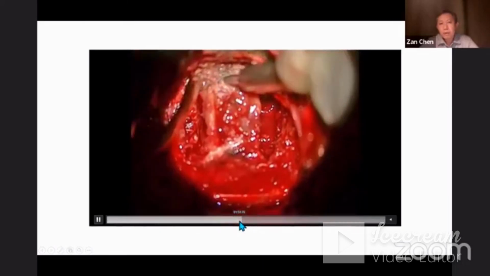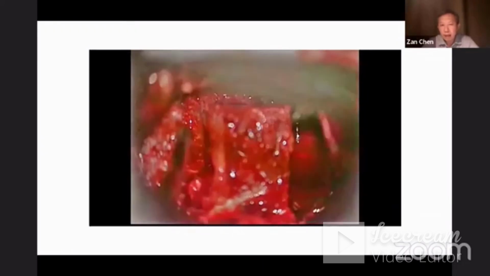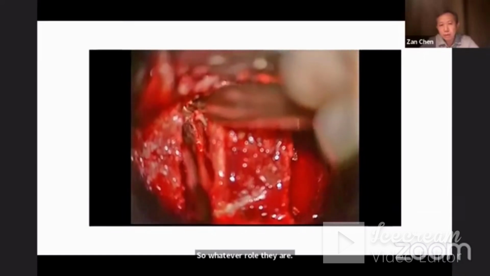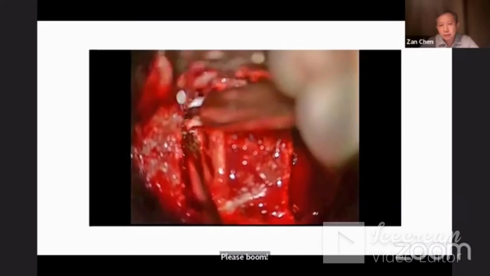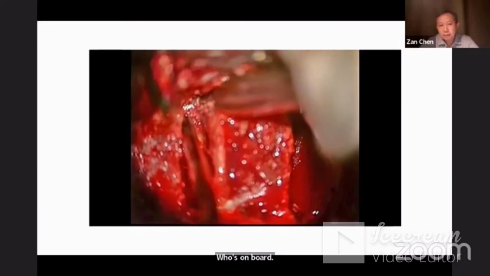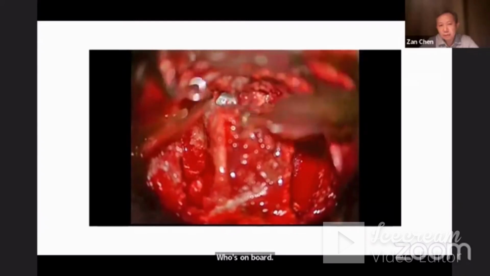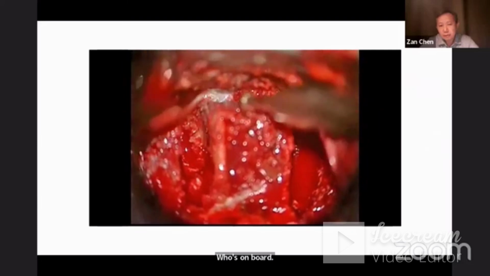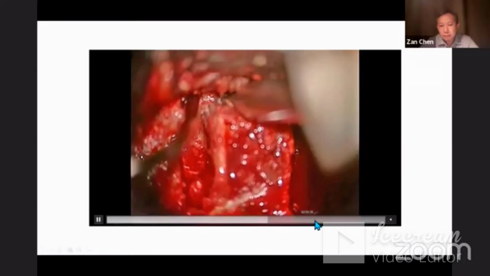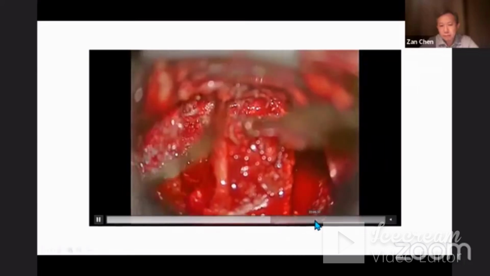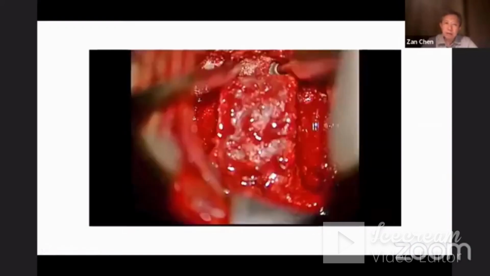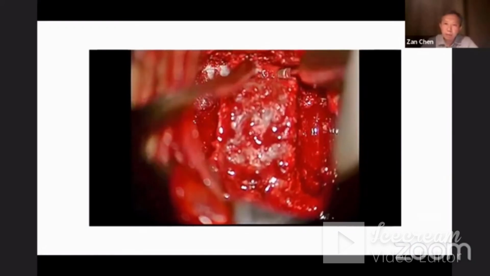And then we cut open the vertebral body on the bilateral side with a burr. You can see the vertebral bodies are cut totally open.